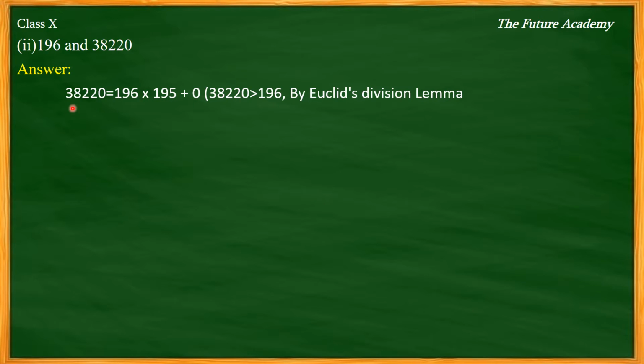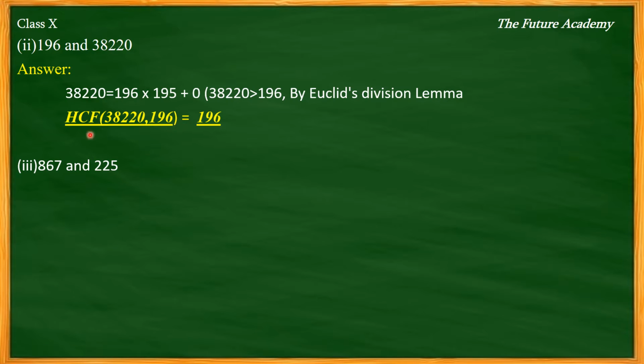That is, 38,220 on dividing by 196 we get 0 as a remainder. So the procedure stops here. So the HCF of 38,220 and 196 is 196.